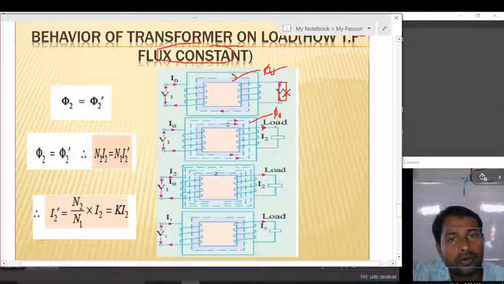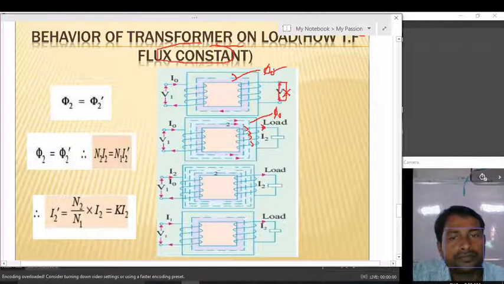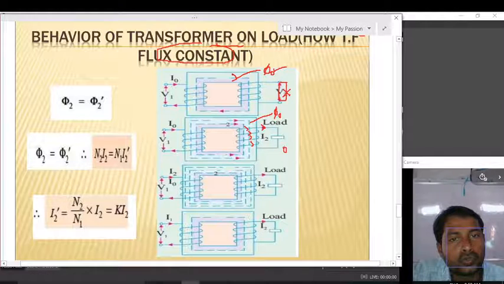Now if the load is applied and I2 passes through the load, a flux is established in the transformer core. That flux is nothing but phi 2, because of I2.